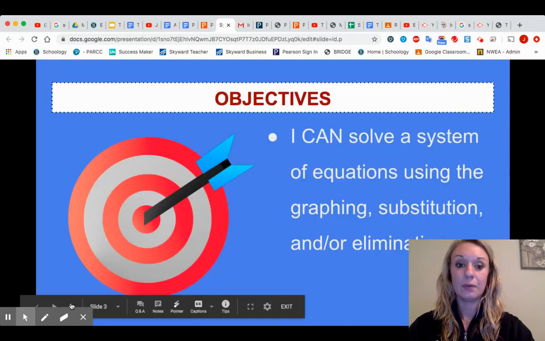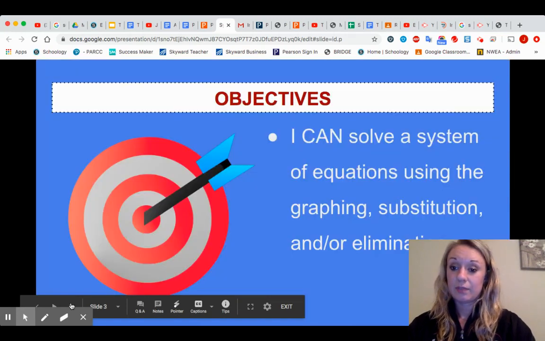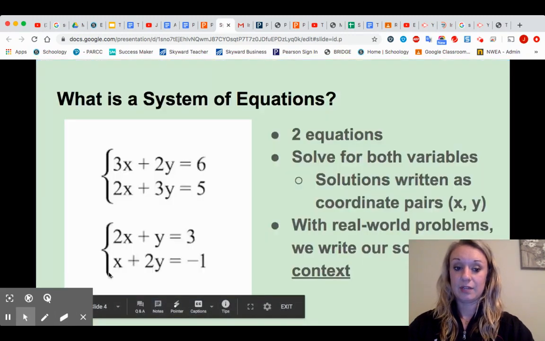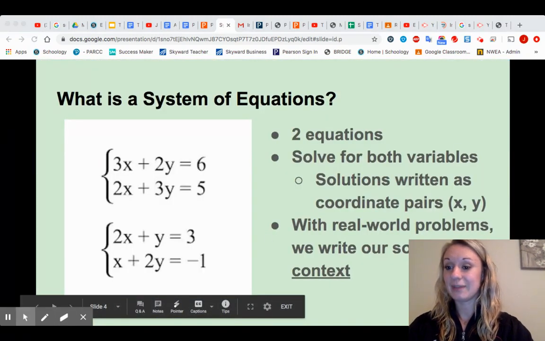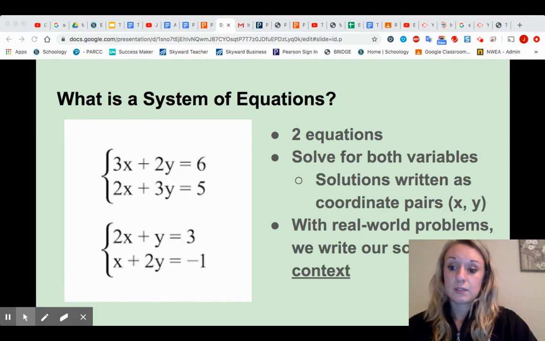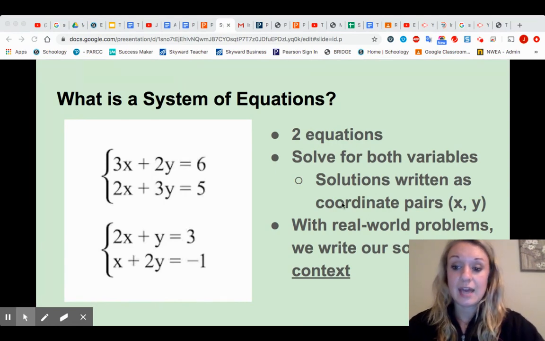All right, so we are looking to solve a system of equations using the graphing, substitution, or elimination method. Remember that many of us had our favorites, but we need to make sure that we can use all three. When we're talking about a system of equations, remember that is two equations that are working together to solve for two variables.